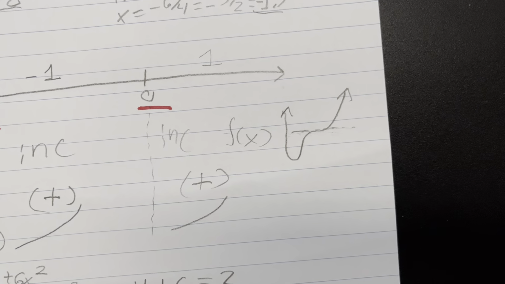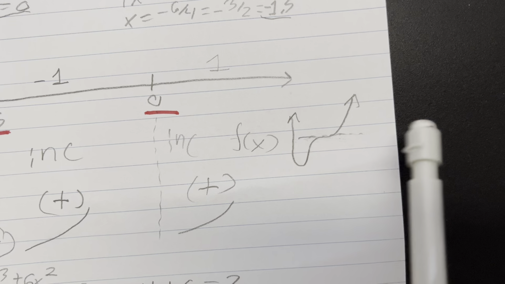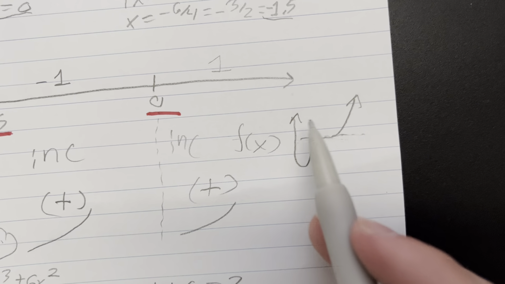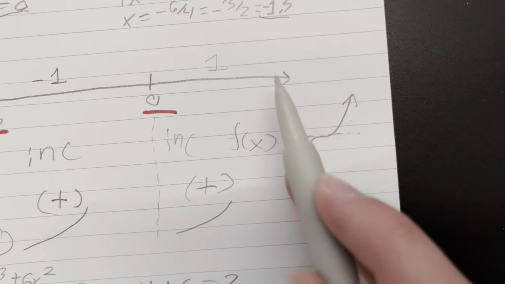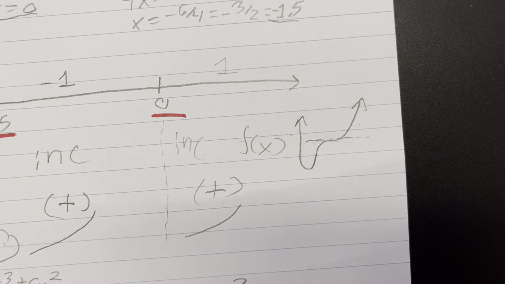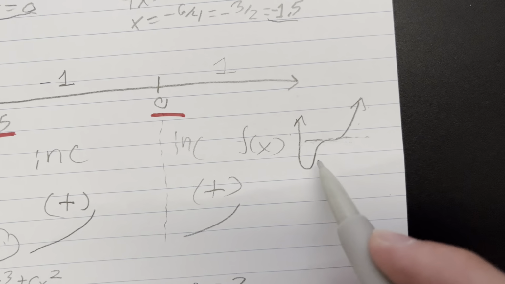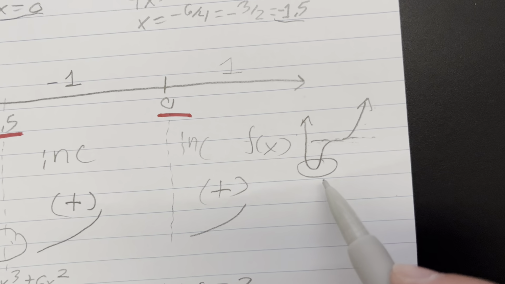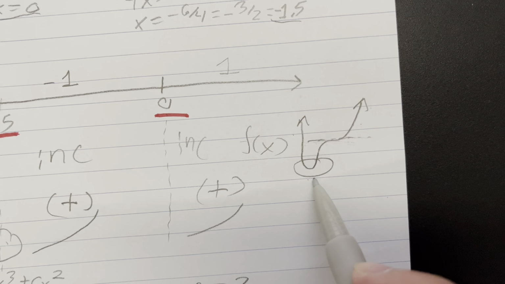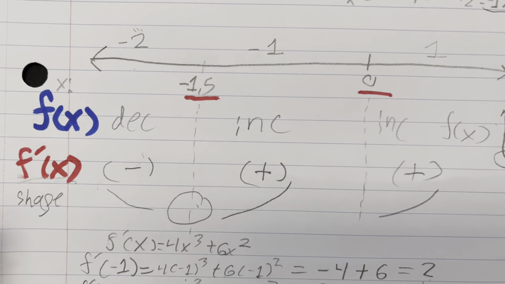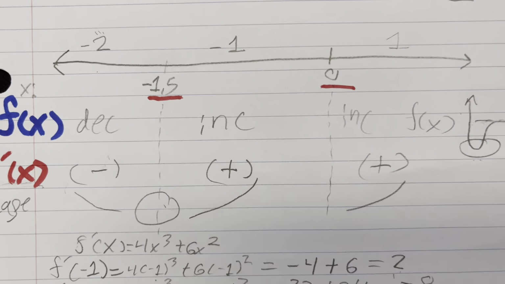But if we look at this function, what can we tell about absolute extrema? Well, there's no absolute max because these arrows go up forever. This function shoots out towards positive infinity in both directions. Never ends. But down here, the local or relative minimum we found also happens to be an absolute minimum, right? We can see that in our number line as well.